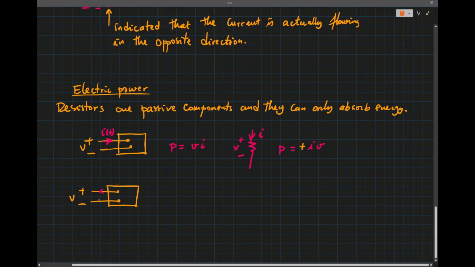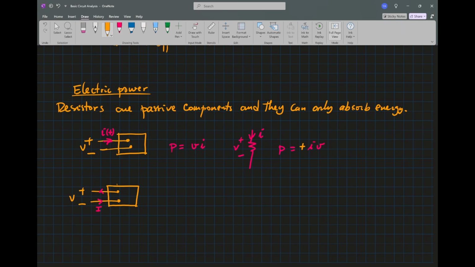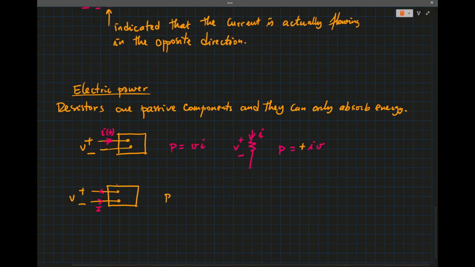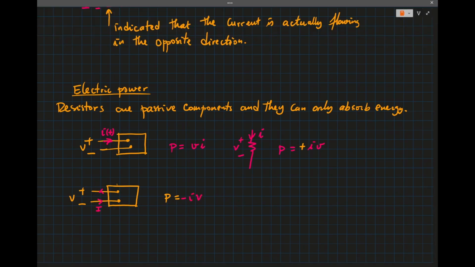That means the current is flowing into this component from the negative polarity. So in this case, P will be negative I times V, negative IV.